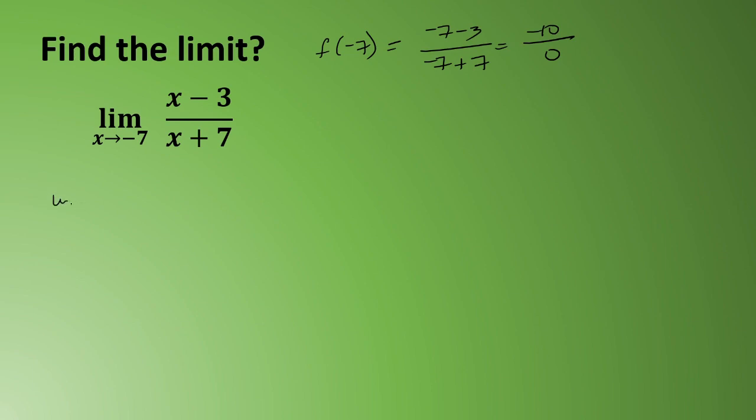So let us first try to get the limit of the function, that's x minus 3 over x plus 7, as x approaches negative 7 from the right, and let us also get it from the left.